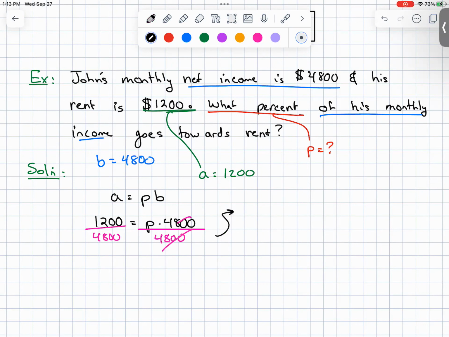And we get that P is equal to 1,200 over 4,800, that's 0.25. So it's only 0.25% of his income. No. 25%. We've got to convert it to percentage form. So 25%.